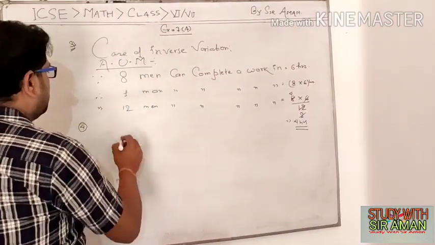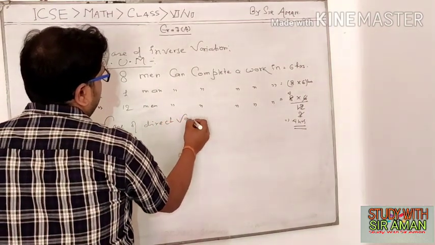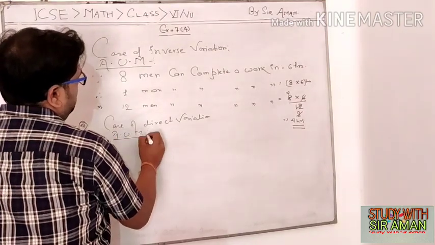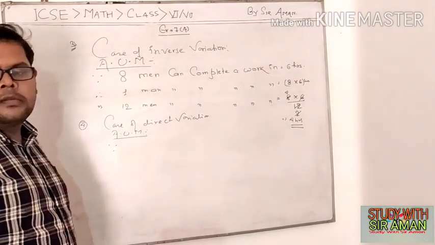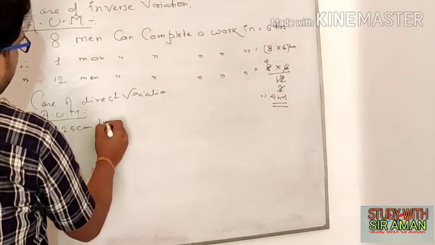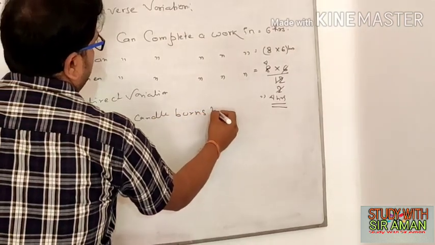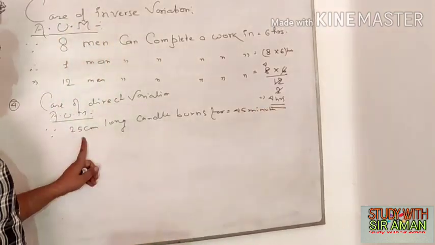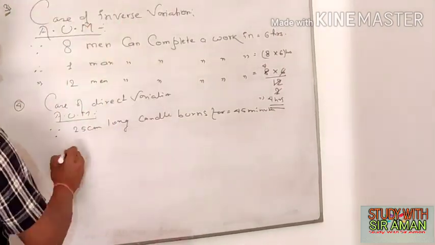Okay, same case of direct variation, applying unitary method. Since, same sentence, from 5 centimeter long candle, 25 centimeter long candle burns for how many minutes? 45 minutes. 25 centimeter long candle burns for how many minutes? 45 minutes. 1 centimeter long.